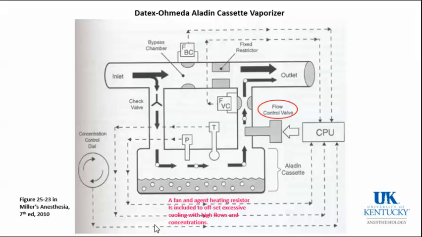And then by monitoring the temperature and the flow rates, it adjusts the valves so that it generates the concentration that you want. So it's the same idea as the other vaporizers, except rather than mechanical control or pressure control, it's controlled by the computer.